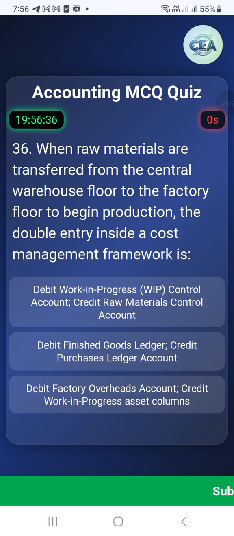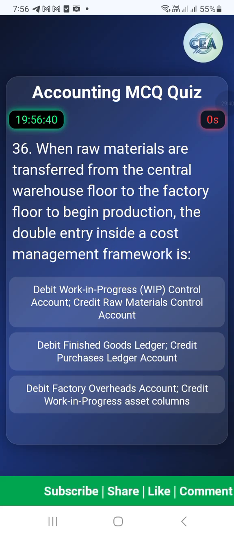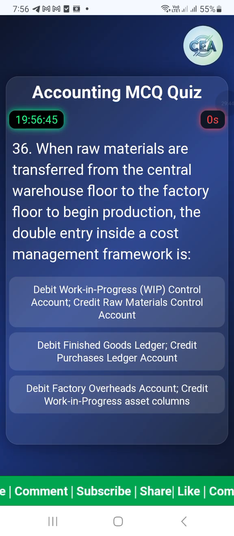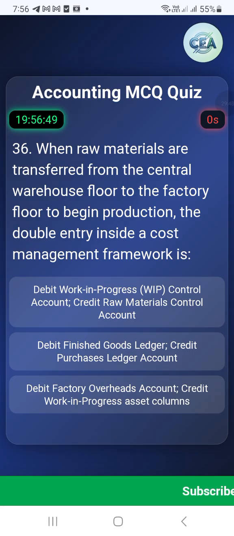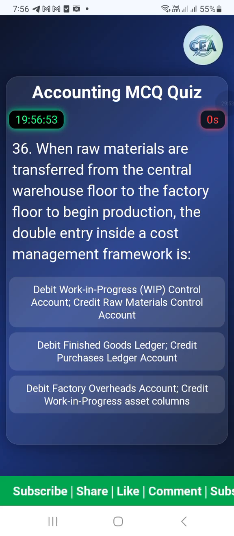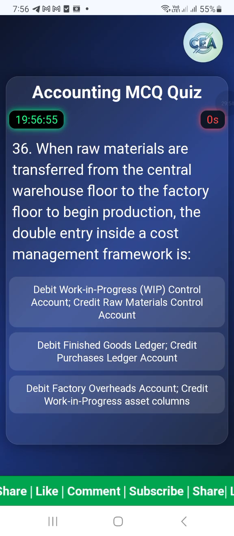36. When raw materials are transferred from the central warehouse floor to the factory floor to begin production, the double entry inside a cost management framework is: Option 1. Debit work in progress WIP control account, credit raw materials control account. Option 2.